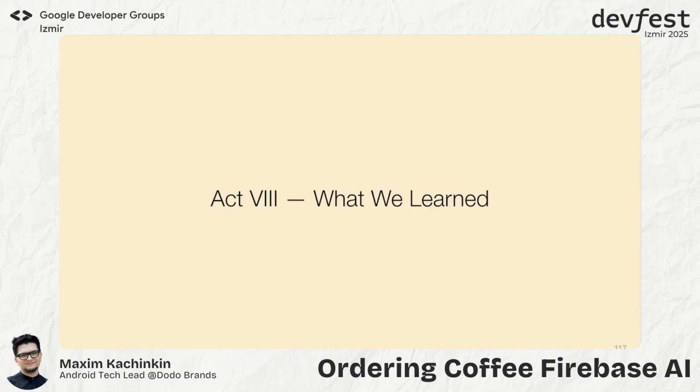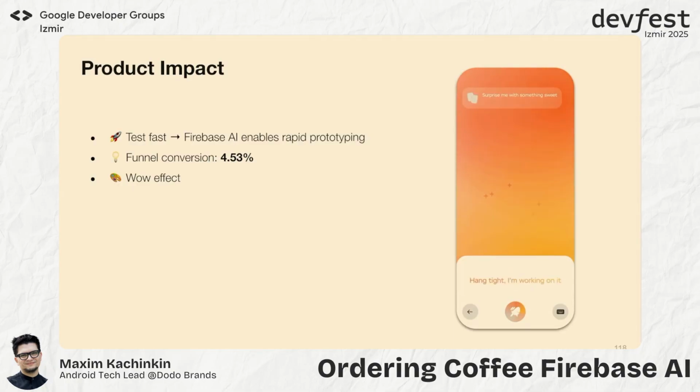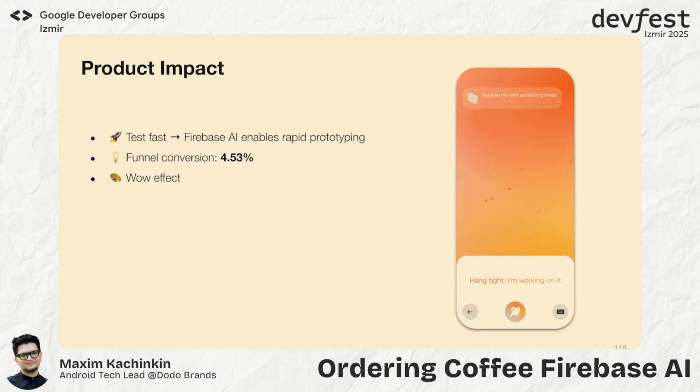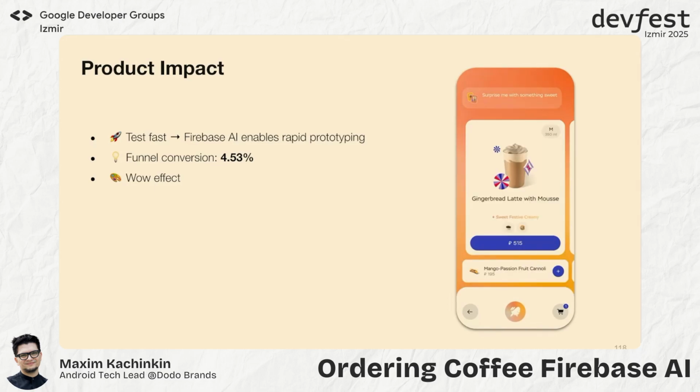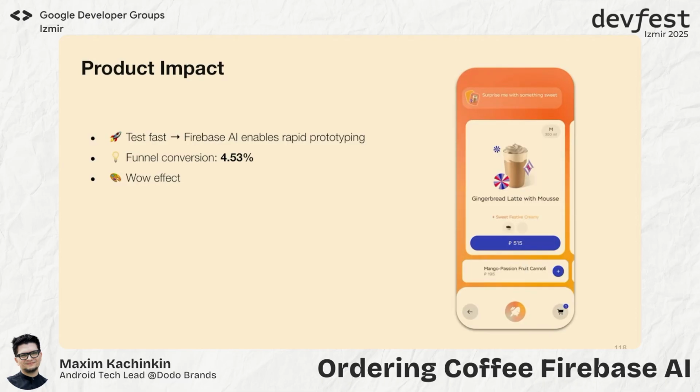So let's sum up what we have from the product perspective. The Firebase AI helps us to test fast, and I'm talking about days. Well, I mean, two weeks. Well, it's pretty fast for mobile development and shipping, and the product managers were so happy. And the conversion was pretty good, though the feature is still pretty young.